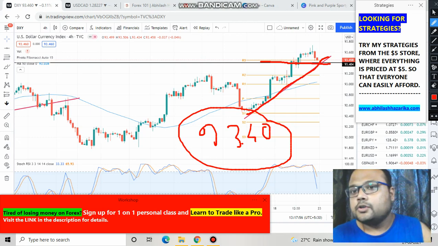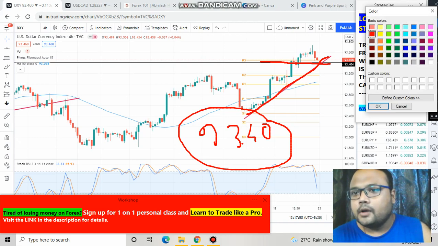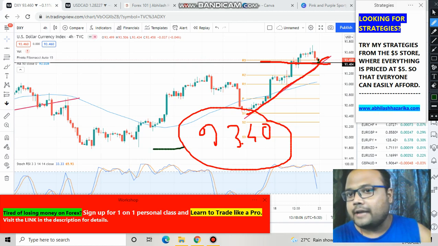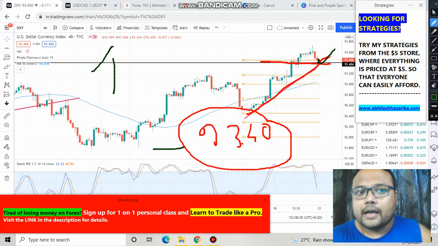So on Monday, if the market takes support on this trend line or at this 93.40 black line and bounces, then USD CAD will be going up again.